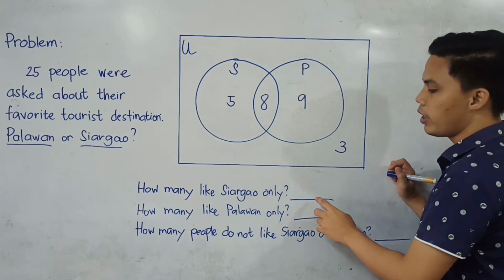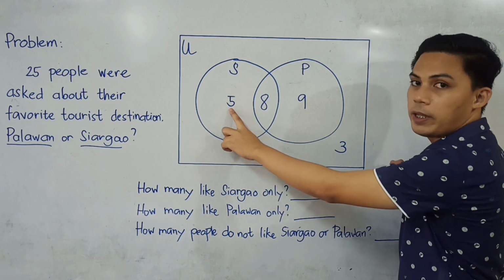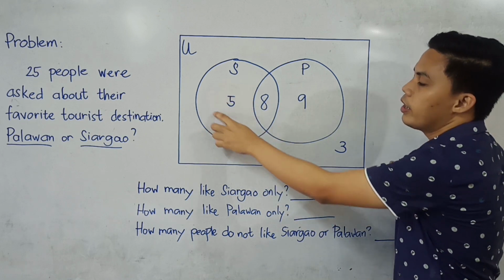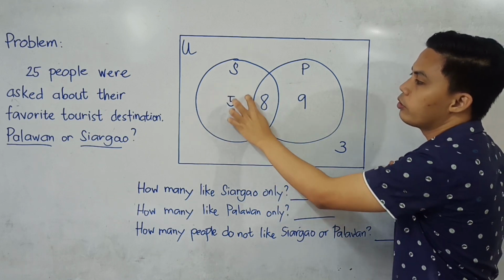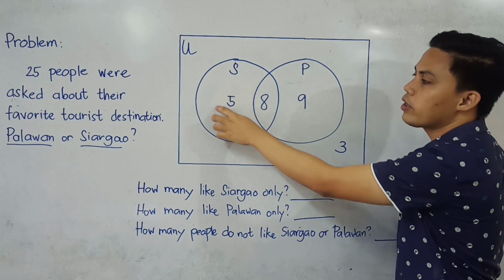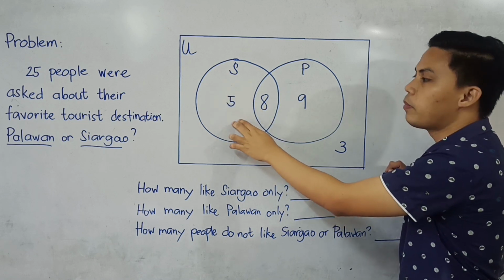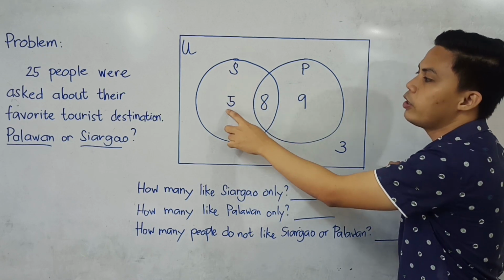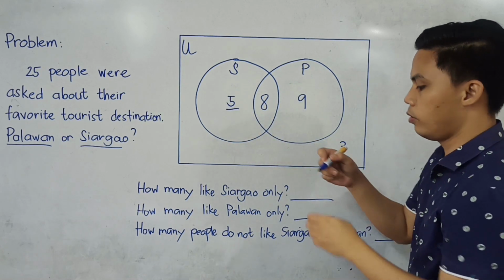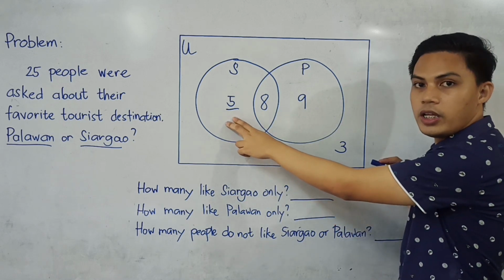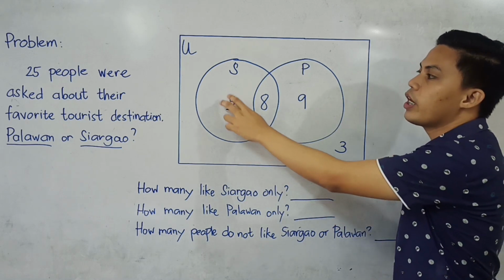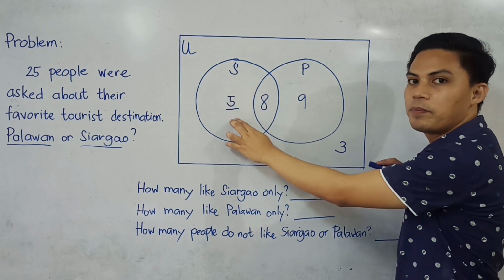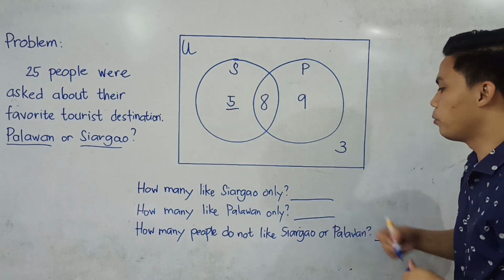So in this case, ang answer natin would be 5. Kasi alam natin na itong region na ito, yung mga elements na nagko-compose dito ay makikita lang sa set S. Okay? Ibig sabihin, yung 5 na tao, ang gusto lang niya na tourist destination is Siargao lang talaga. Wala nang iba. Okay? So the answer would be 5.